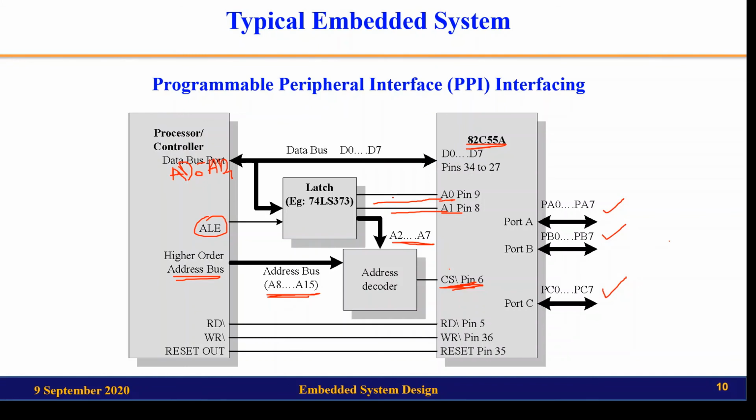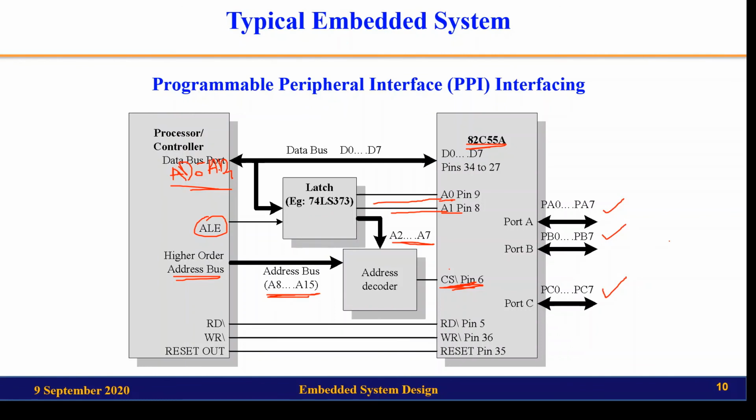We have the multiplexed address and data lines, AD0 to AD7. If it is an 8-bit microprocessor or microcontroller, you will have the data lines D0 to D7, multiplexed with the address lines A0 to A7. To separate the address and data lines, you will use a latch.